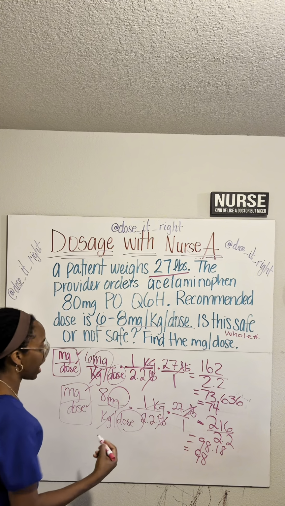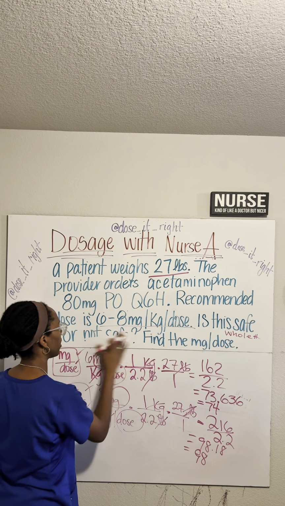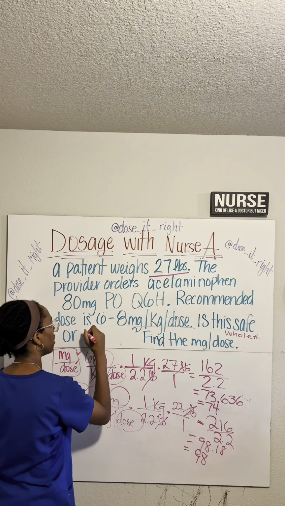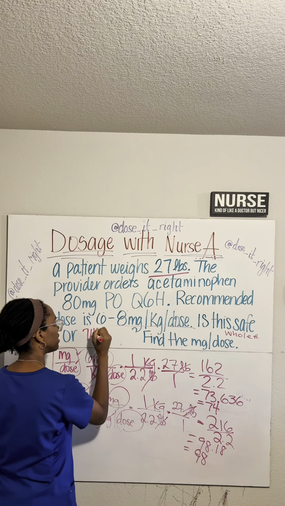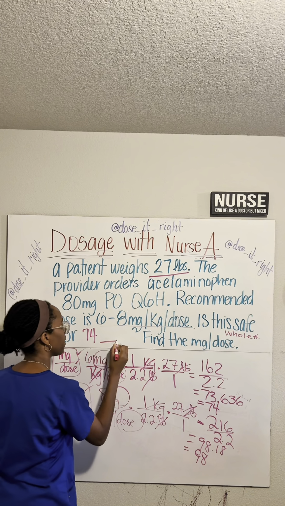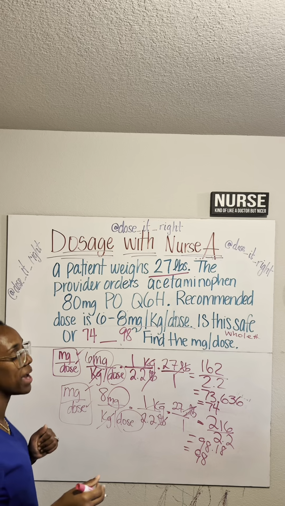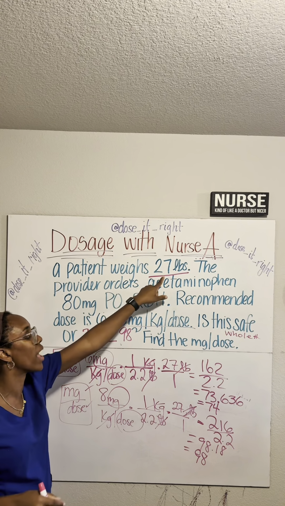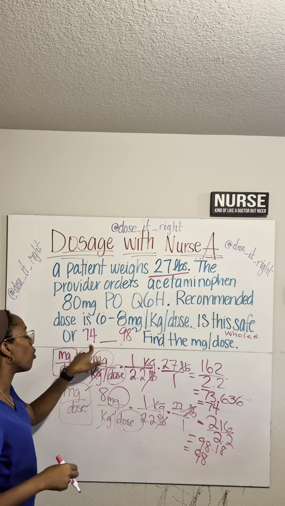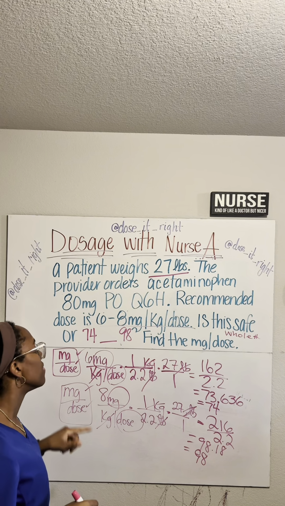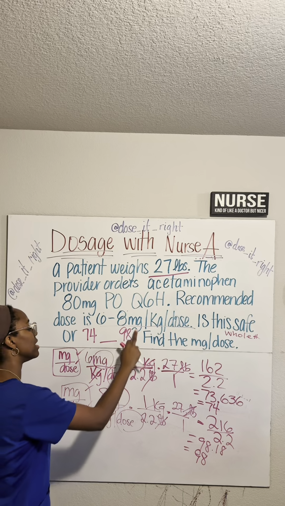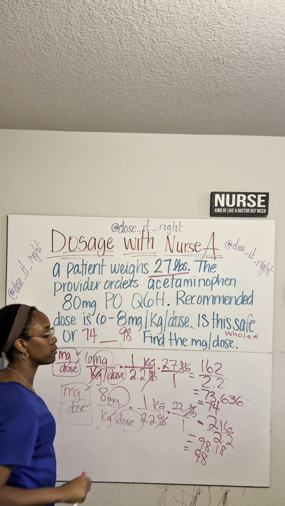So right here we have, let's go ahead and write it here. We have a low of 74 and we have a high of 98. Meaning the lowest amount that this patient can get based off of their weight is 74 milligrams per dose. The highest amount that they can get is 98 milligrams per dose.